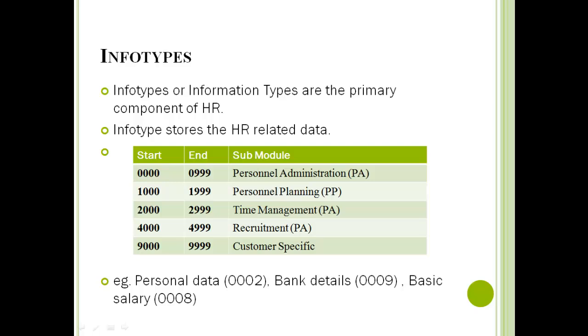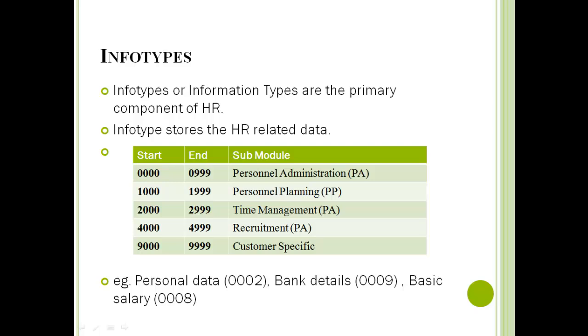Depending on whether an info type stores an attribute of a person or of an HR object, we can divide them into different groups. For example, personnel administration, PA, or personnel planning, PP.